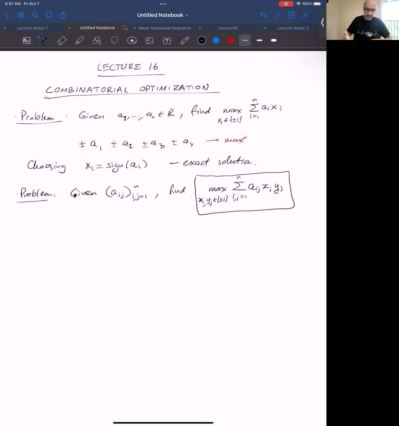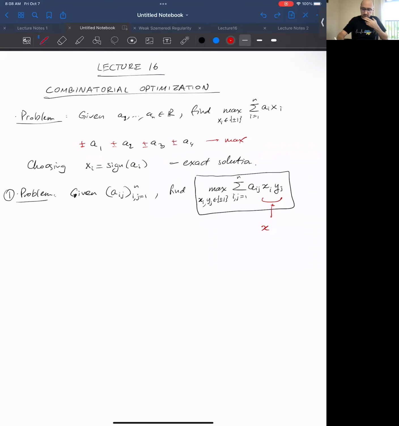This is problem 1, let's say. If we were allowed to choose xij, individual signs for each entry, then that would be the same problem, right? We just choose the signs corresponding to the entries. So that would be an easy problem, but we are not allowed to do that here.